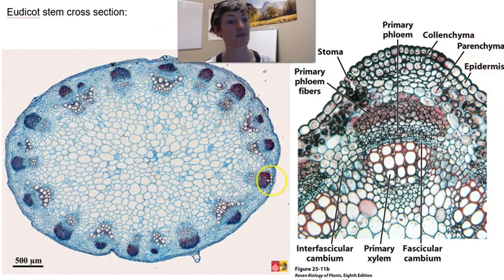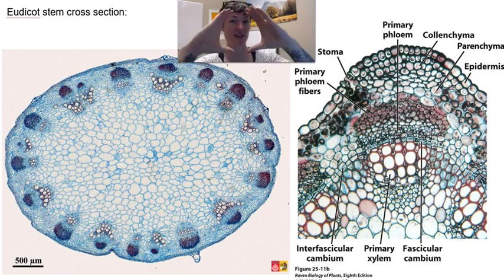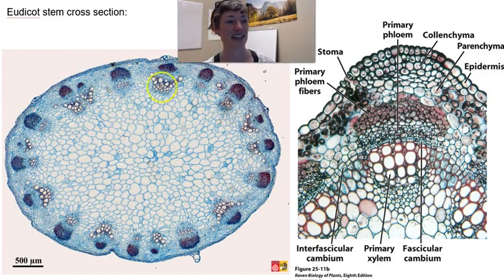Our vascular bundles will always be producing xylem to the inside and phloem to the outside. Within those, we'll have some residual fascicular cambium. Between our vascular bundles, we'll have interfascicular cambium. And then I think I totally forgot to talk about primary xylem, but here it is. Those large vessel elements always help you identify where the xylem is. And it's always toward the inside.